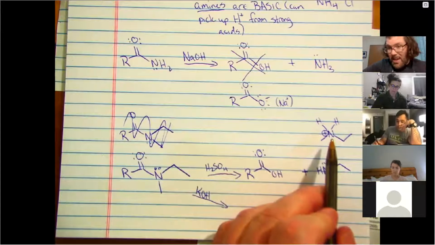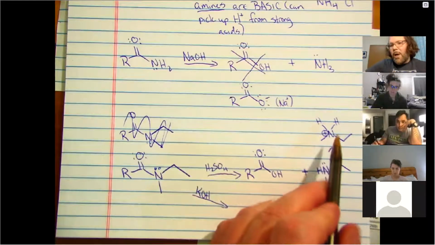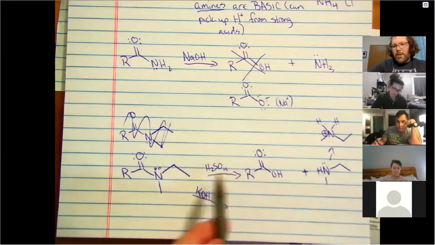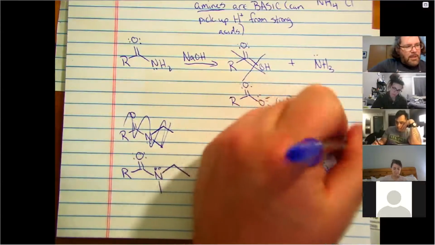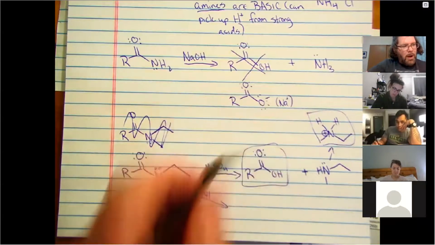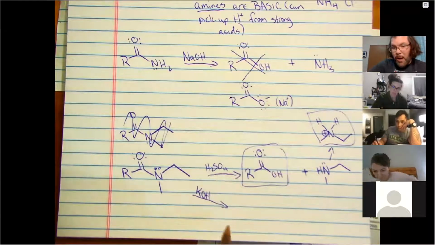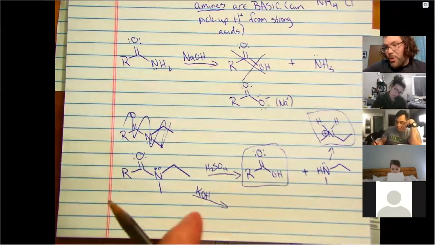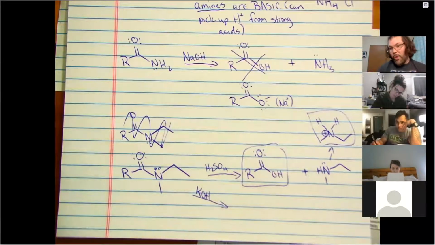In other words, amines end up carrying an extra H plus and are positively charged in acidic conditions. So this and this are the correct two products of our amide hydrolysis in acidic conditions. This normally requires heat, or at least a very long reaction time.